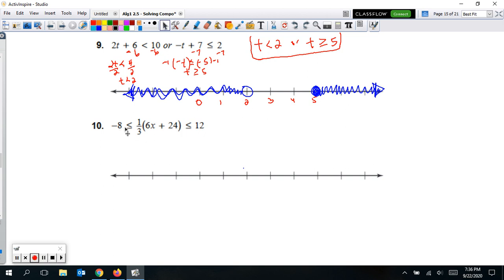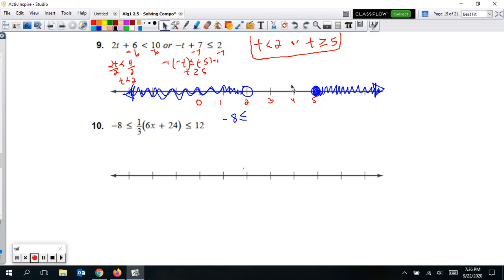So I'm going to multiply 1/3 by both of those terms to get rid of these parentheses. I'll start by writing -8 is less than or equal to. And now when I multiply 1/3 times 6, this should be fairly easy. If you have a 1 over some number, as long as that number goes into these, it should be very easy. It's basically like saying 6 divided by 3.